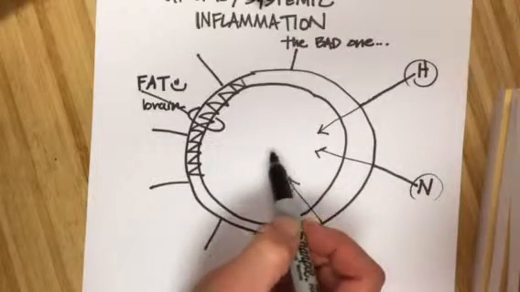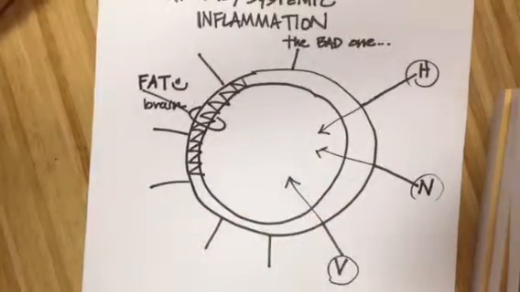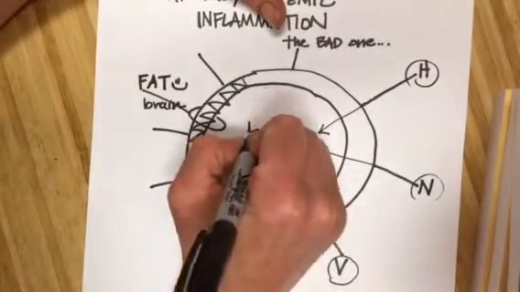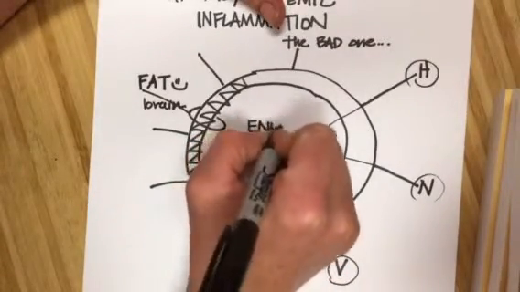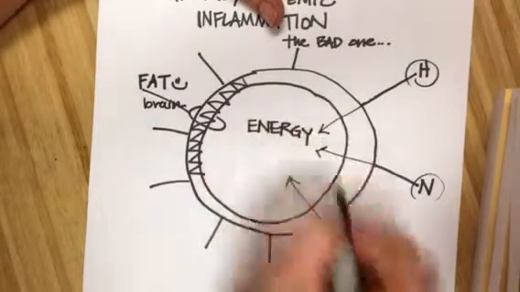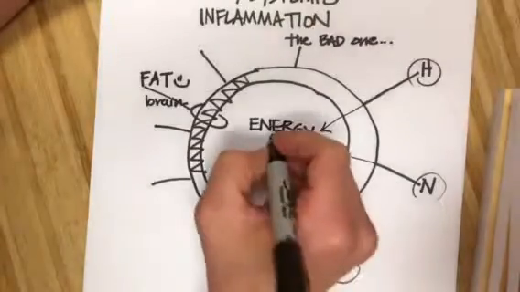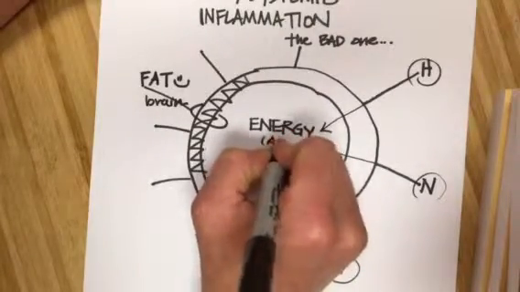So in comes information from your blood into the center of your cell to create a very important outcome called energy. And this is known as cellular ATP.